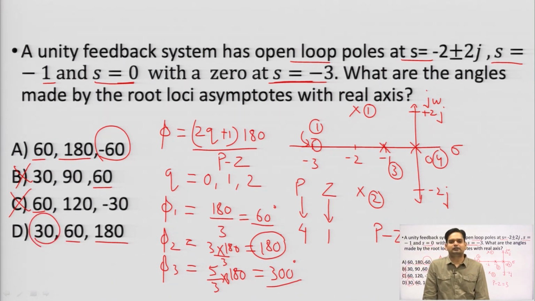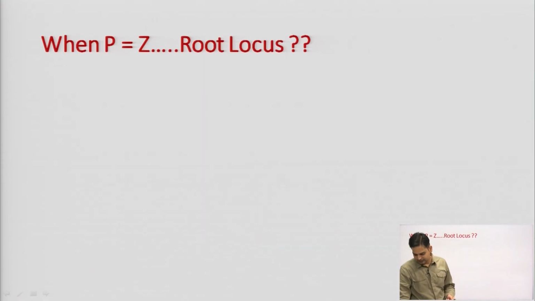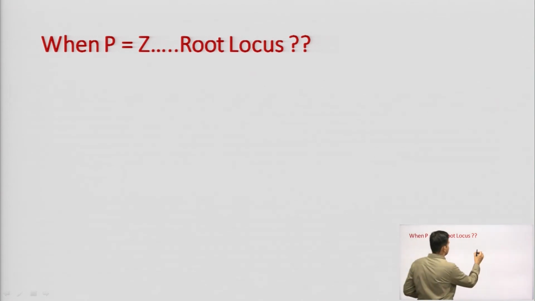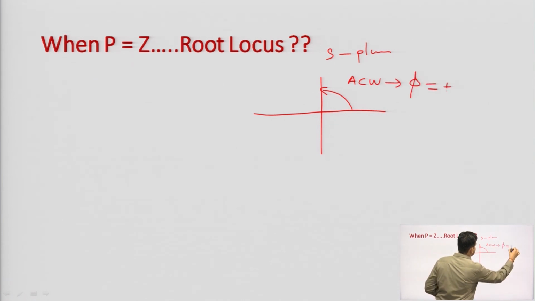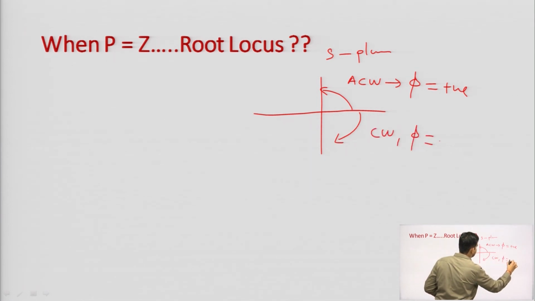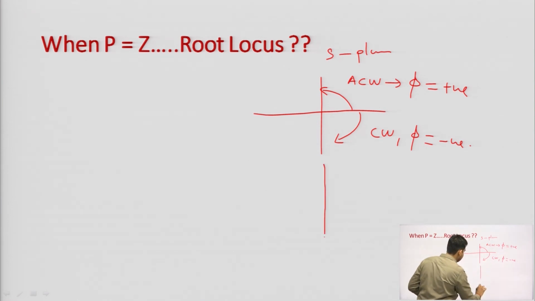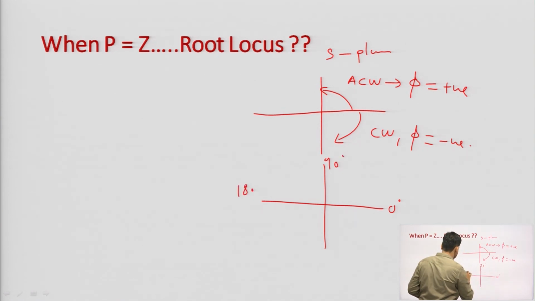So, in this case we just would like to see the representation of angle basically. So, I told you in the previous slide, suppose this is my S plane. Okay. So, if I am moving here in anti-clockwise, then my phase is positive. Whenever I am moving in the clockwise direction, then my phase would be negative. So, if I have to plot the 300 degree, this is my 0 degree, this is the 90, this is 180, this is 270 and 300 will come around here.